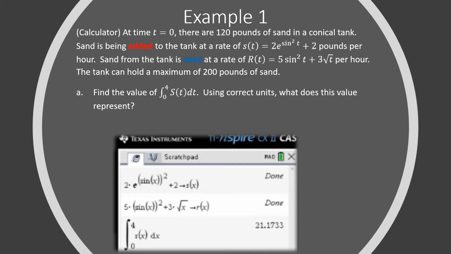Press enter and you should get 21.1733. In other words, the integral from 0 to 4 of S of t equals 21.173 pounds of sand were added in the first 4 hours. So again, how much was added between 0 and 4 was 21.173 pounds.